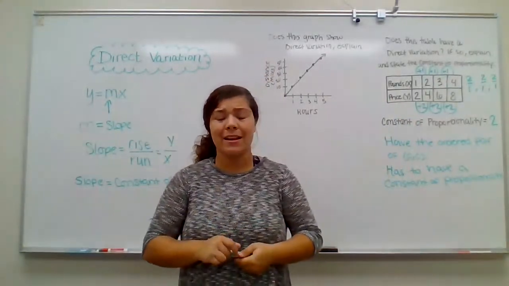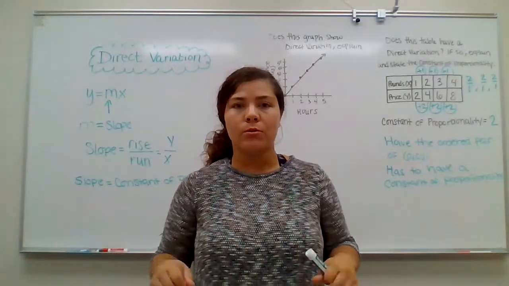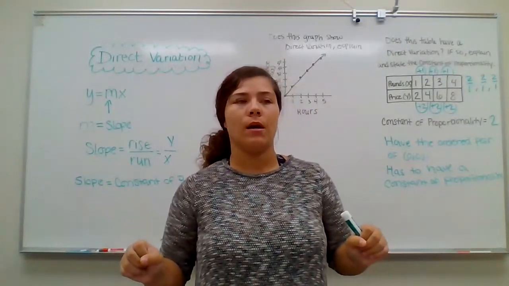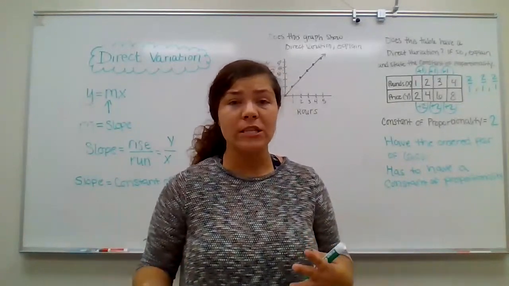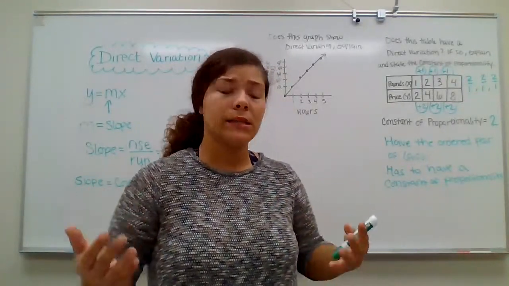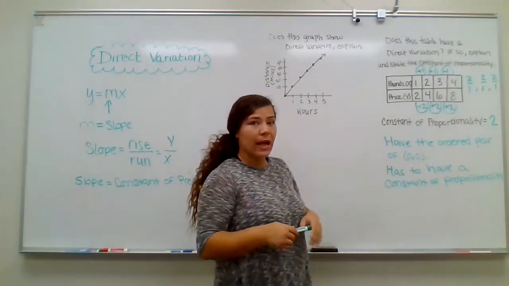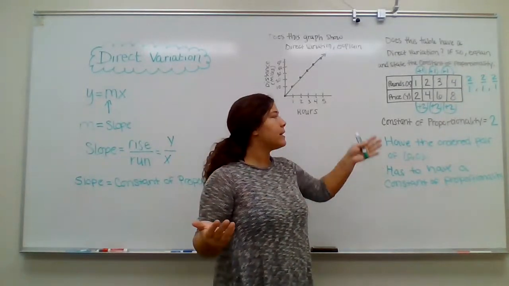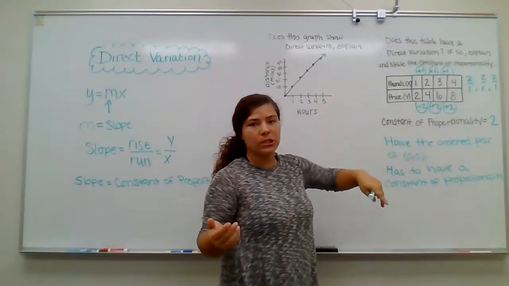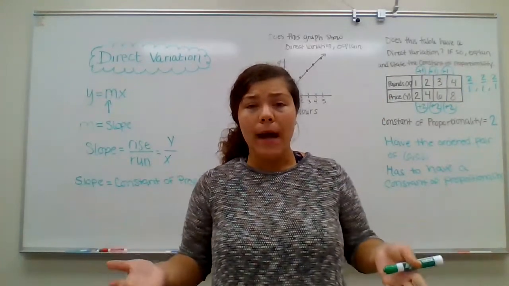So once again, nothing new, but we just change the word slope, or constant rate of change or ratio, to constant of proportionality. So constant of proportionality, remember, is a fancy smancy word for slope. Is your slope the same each time? Are those ratios the same each time? So that's all about tables.